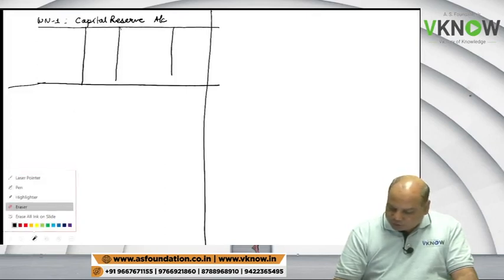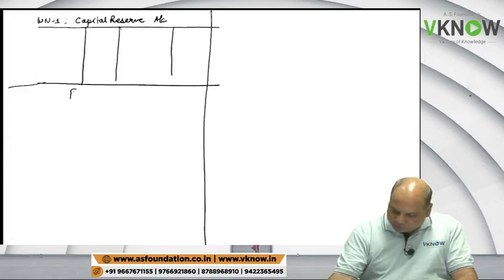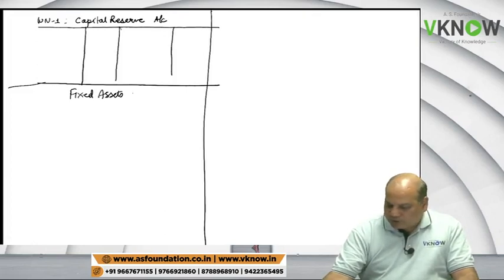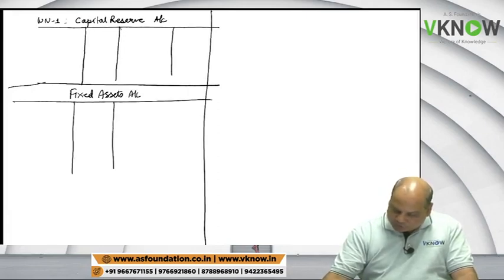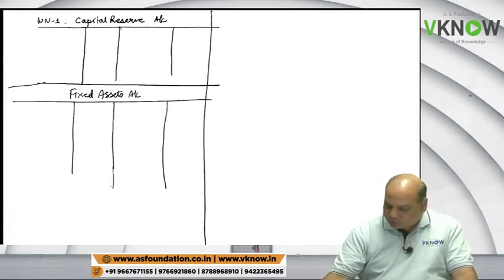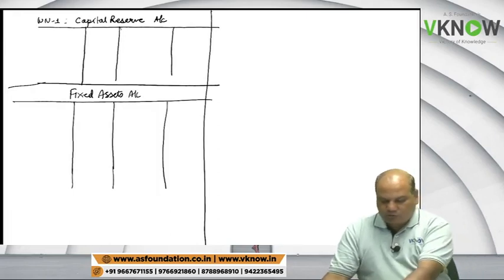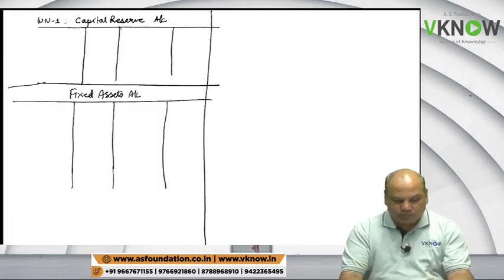Working note 2, fixed assets account, about 6 or 8 lines. Write 8 lines because we have more adjustments here.